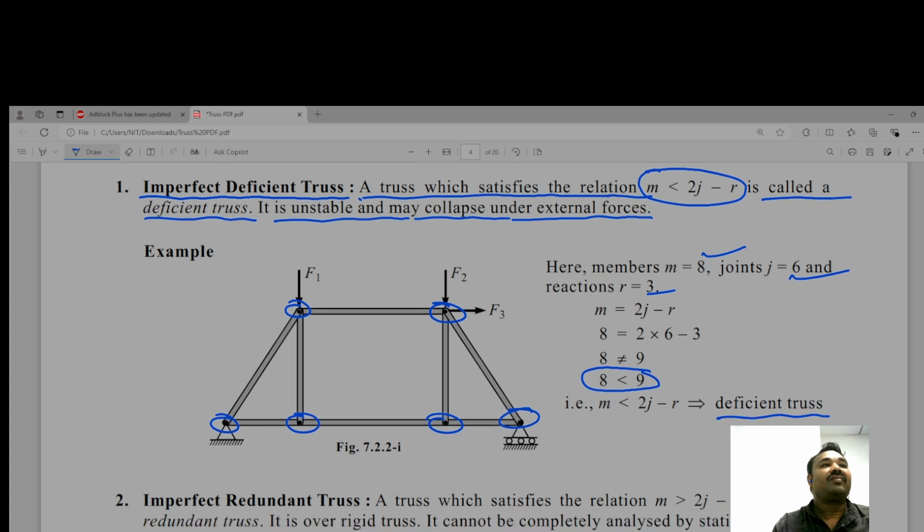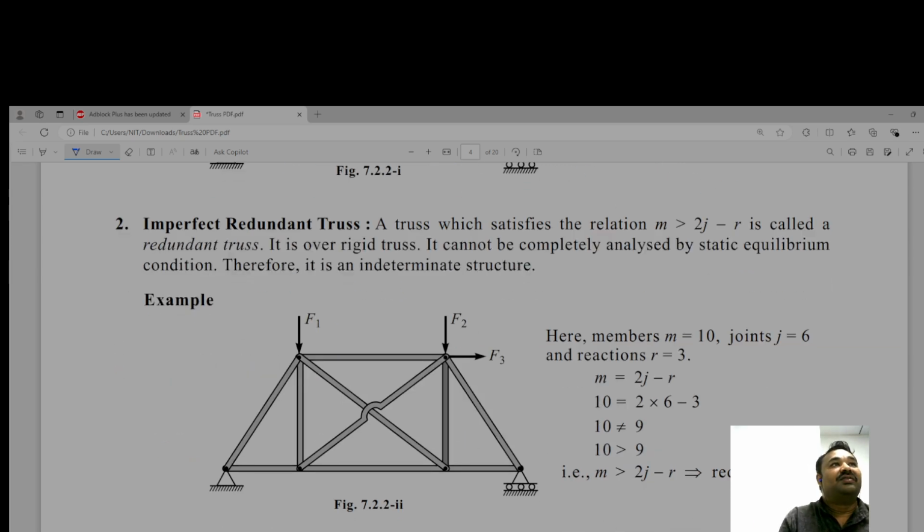What about the imperfect redundant truss? Redundant means we have more members than required. This is the condition: M must be greater than 2j minus r.